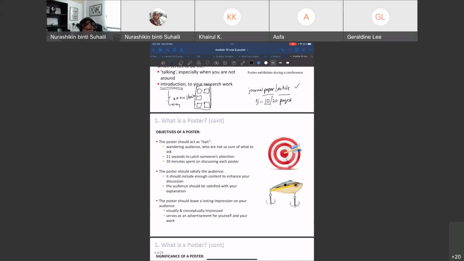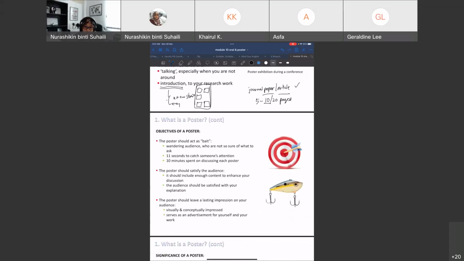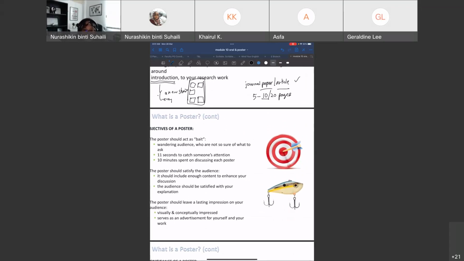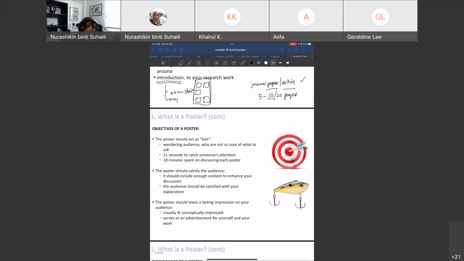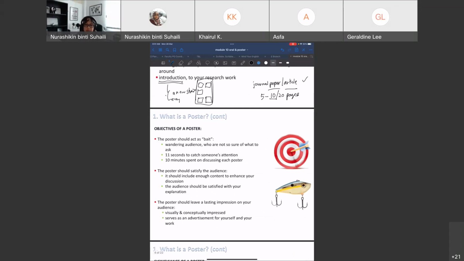So what are the objectives of a research poster? Okay. The poster should act as bait. You know what bait is? For example, if you go fishing, you have this bait, isn't it? It's where the fish will be hooked.